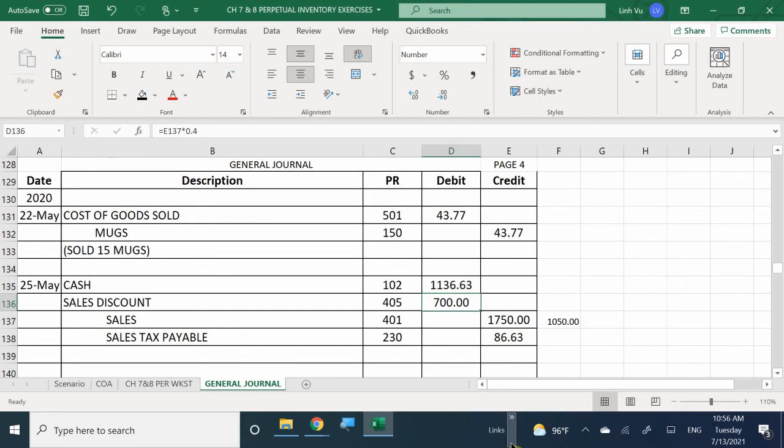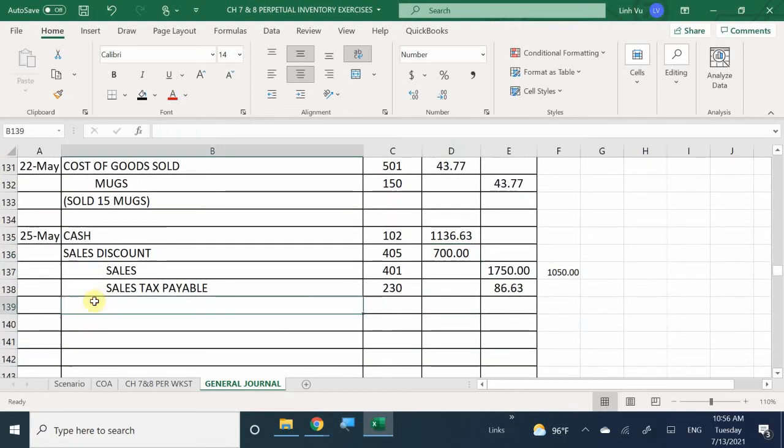Okay, because in this case, I can't charge for the full amount of $1750 because I granted a discount. It was in-store sales. Because I'm discounting $700, therefore I'm not charging everybody at $1750. I'm charging everybody at $1050. So there we go.